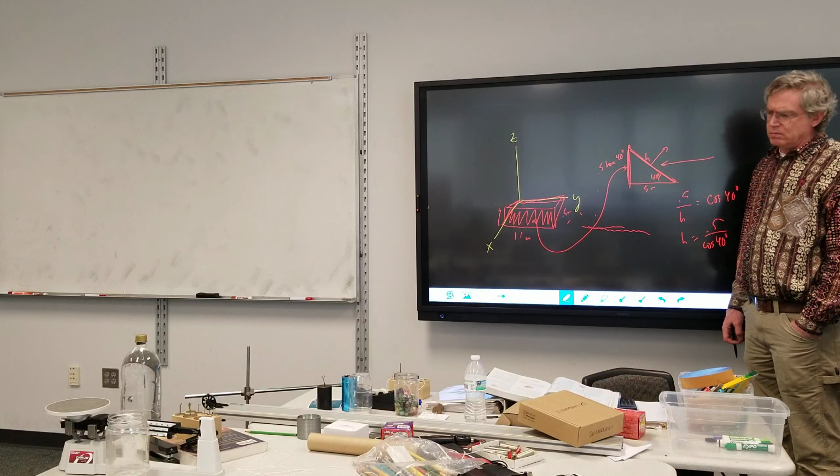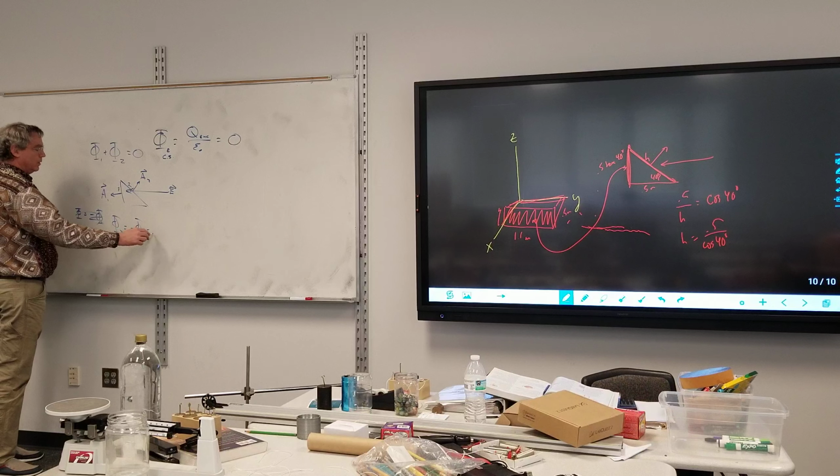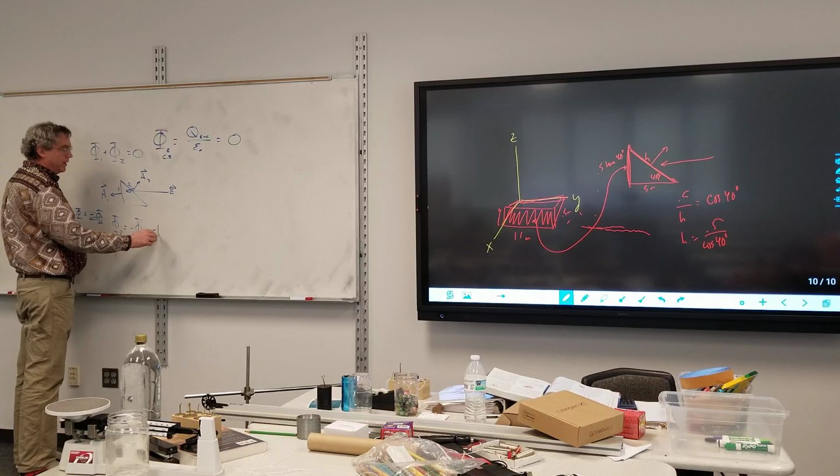So if I call them surface 1 and surface 2, the flux of 1 plus the flux of 2 equals 0, so the flux of 2 is equal to the negative flux of 1. And the flux of 1 would be the negative of the electric field going through it, dotted with the area vector.